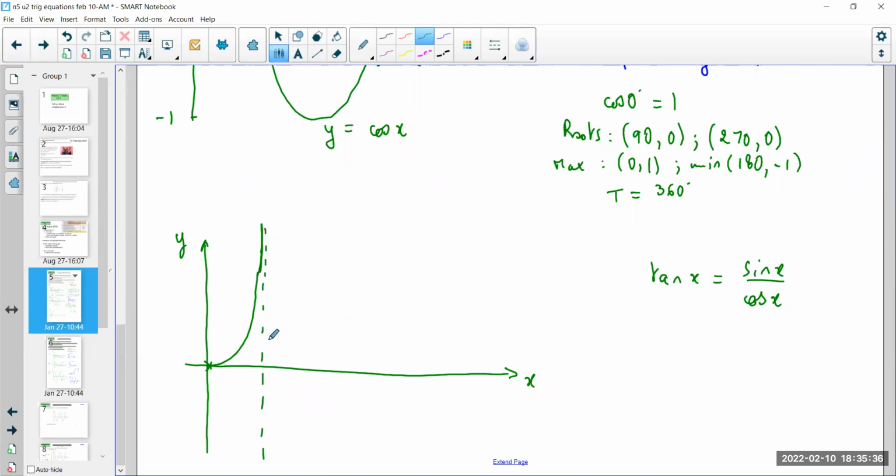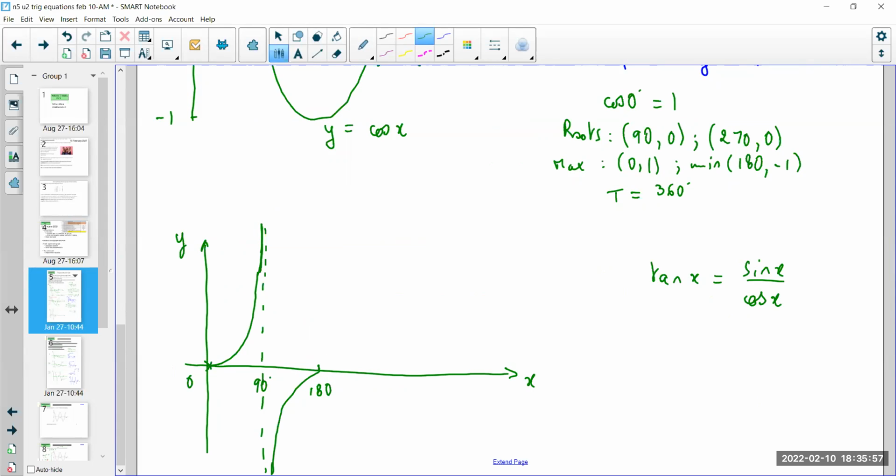That line there never crosses it. And then at 180, again, you've got a similar type of graph. And that's what tan x is. And it repeats itself every 180 degrees.